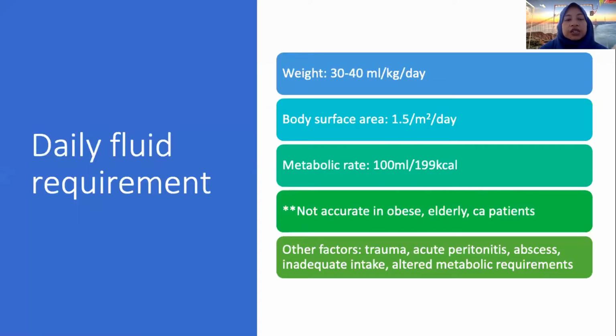All right. So roughly, you will need about 30 to 40 milliliters of water per kg of body mass per day. So usually, in a standard 70 kg man, you will need roughly 2 to 3 liters of water per day.